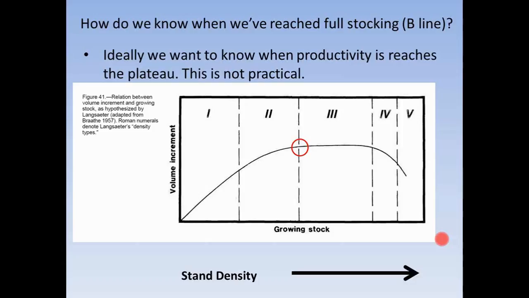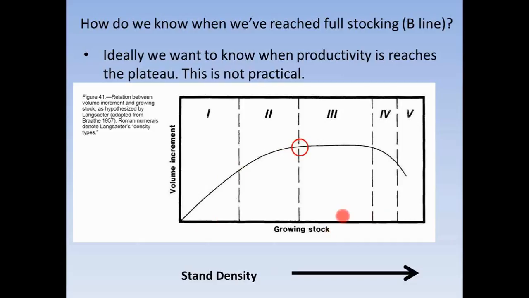So how are we going to establish where these lines are? Where's that place between understocked and fully stocked? Well, if we go back to the Langsaeter curve, how about the point at this red circle here, where we've reached that plateau of productivity? That would be nice. That's really a very sensible place to say we're fully stocked, when we've reached a point where additional density moving from left to right doesn't yield more productivity.